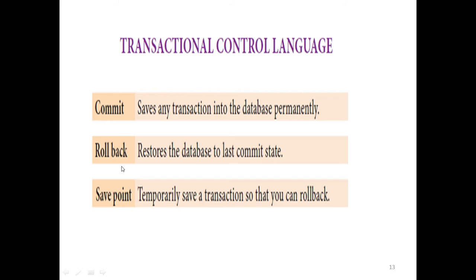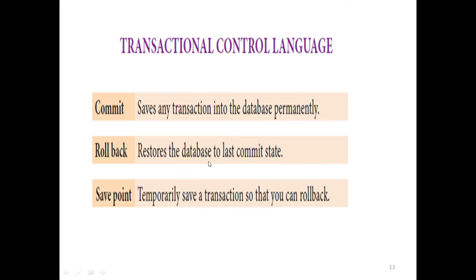And then TCL. TCL means transaction control language. In transaction control language, we learn 3 commands. First one, commit, rollback, savepoint. Commit means save any transaction into the database permanently. If you save the record, you apply the commit command. Rollback means restore the database to the last commit state.